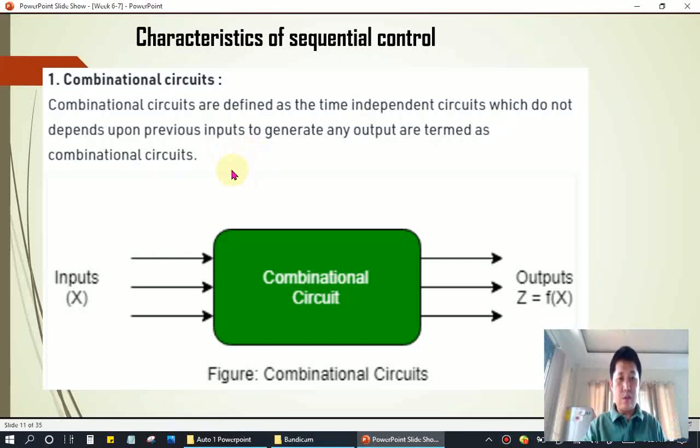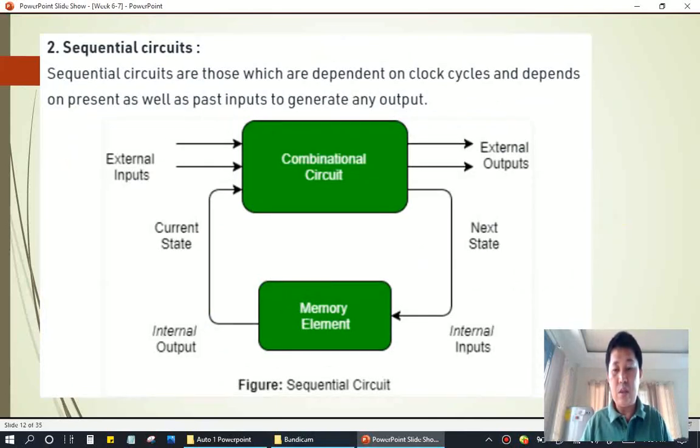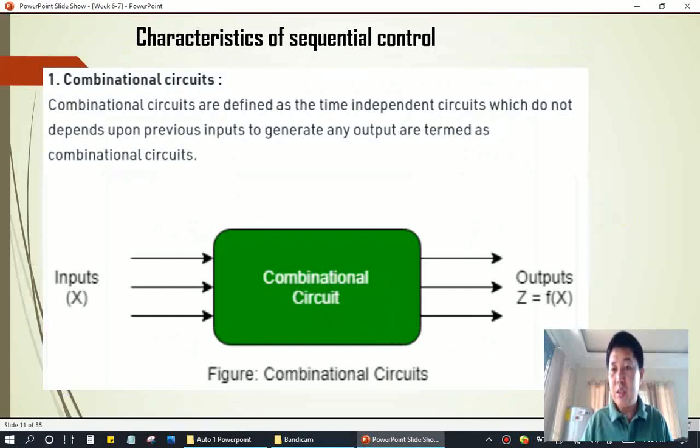As you can see here in this circuit, it is just like an open loop control system: you have the inputs and you have the outputs. I conclude that this combinational circuit is similar to the open loop circuit because you cannot see any feedback signal here.